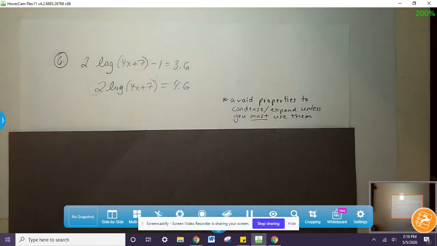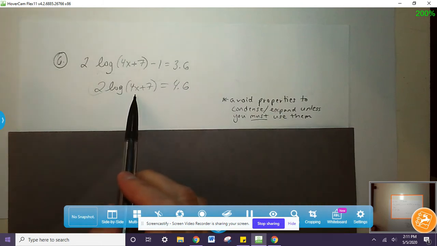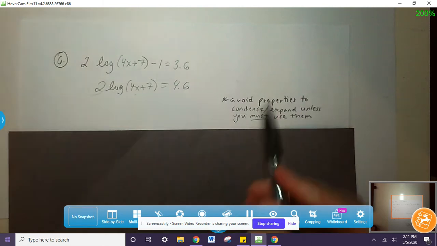In tomorrow's lesson, you'll see that when we use properties to condense or expand, we run the risk of making the equation more complicated because we can actually end up with extraneous solutions. Those are solutions that don't work, so we have to check our answers, which is more work for us. We also can end up potentially losing solutions if we use properties to condense or expand. So do not use those properties unless you must.